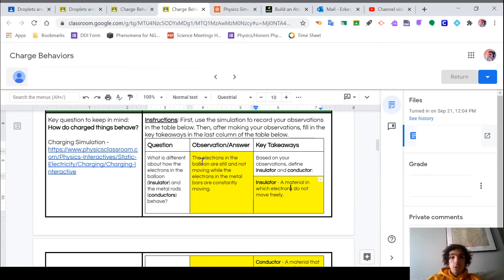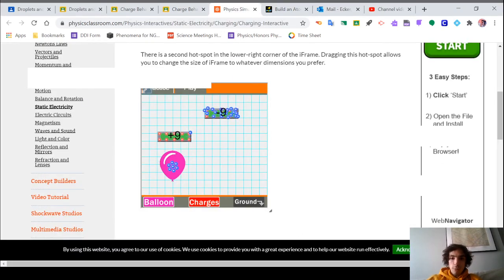And I think this observation is really clear and concise. The electrons in the balloon are still and not moving, while the electrons in those metal bars or rods are constantly moving. And from that, we generalized our insulator and conductor terms. But I want to take a second to show exactly what this explanation is really getting at. So in this simulation, if I come back over here, you'll notice that our balloon has electrons in there, right?